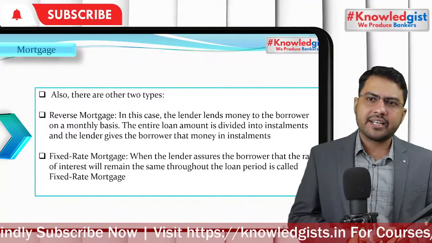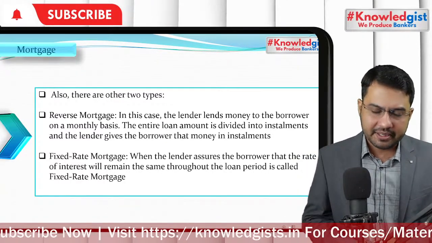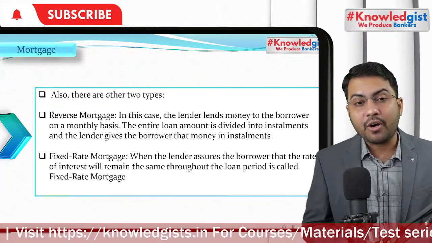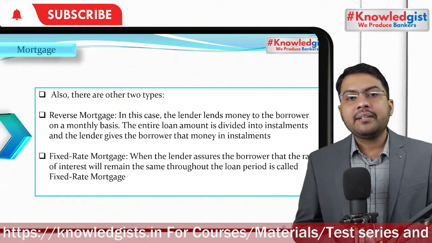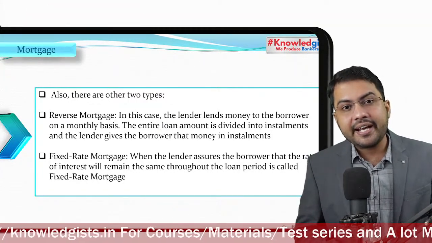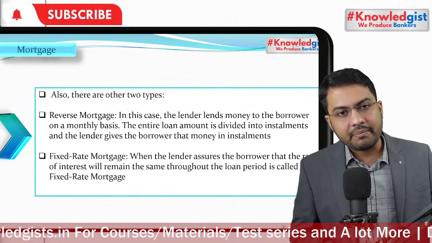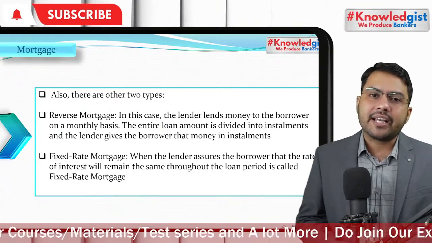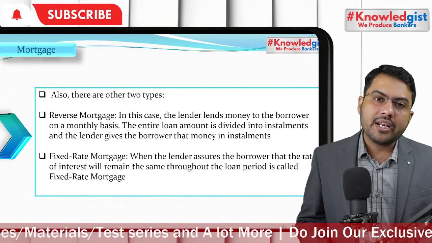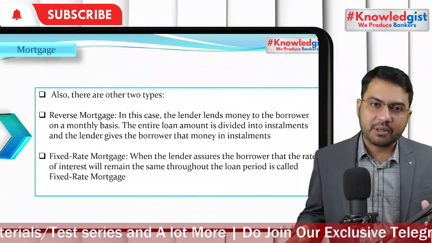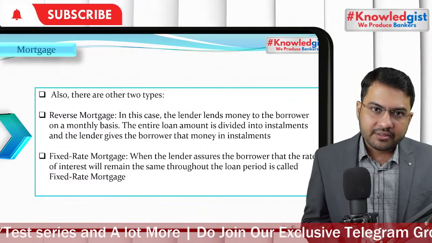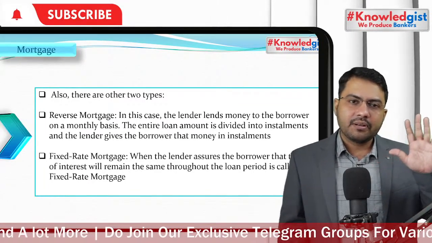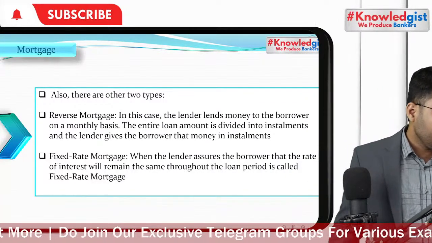So a senior citizen after retirement will go and give a mortgage to the bank, and the person will get money or an earning from the bank every month. Upon his death, either his legal heirs and nominees will repay the entire money taken from the bank, or they just do nothing and that property will go back to the bank. Okay, that is called the reverse mortgage.